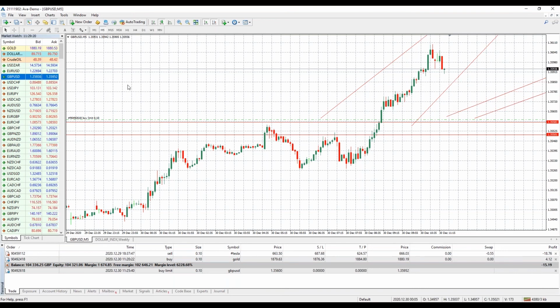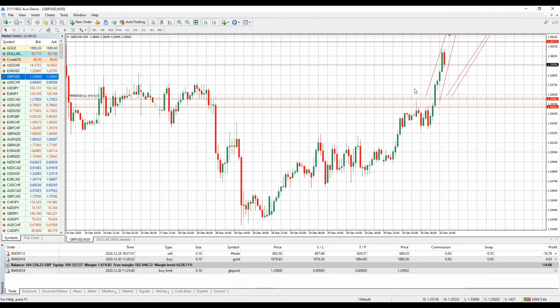I like to pick and choose my entry points a little more than that. So I like the buy limit in this example off the support level down here. Now, this is an alternate support level here. You see this was resistance, resistance, resistance, resistance, resistance. That was old resistance, and now it's above that.